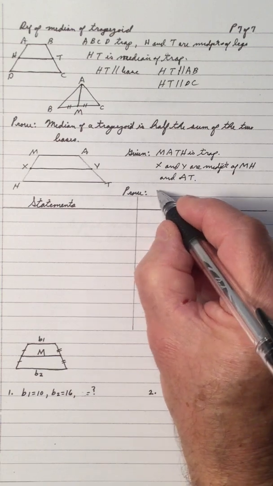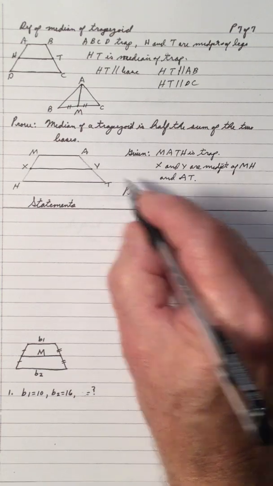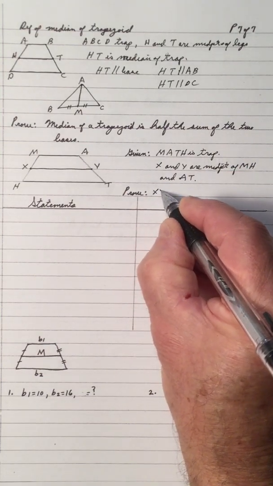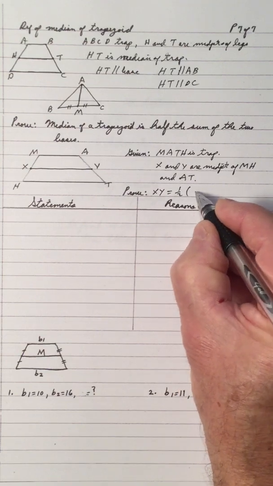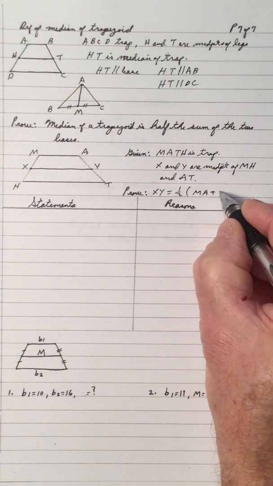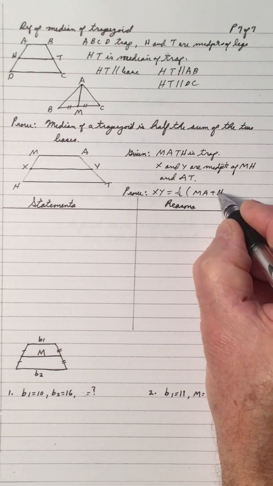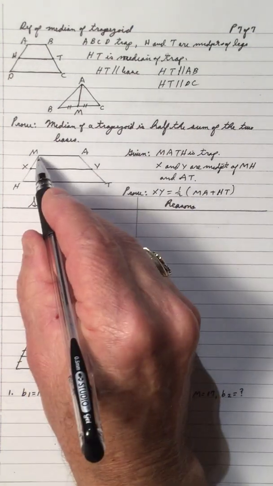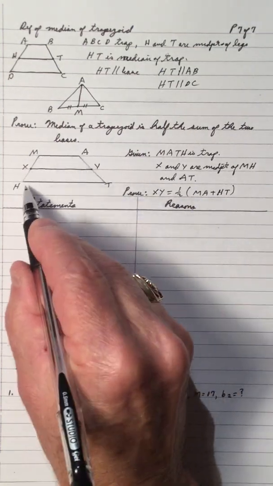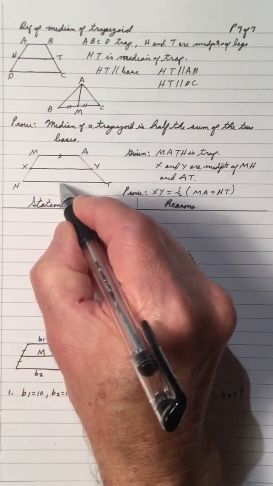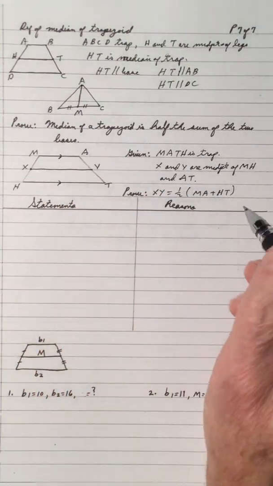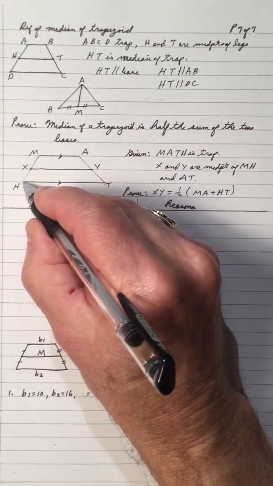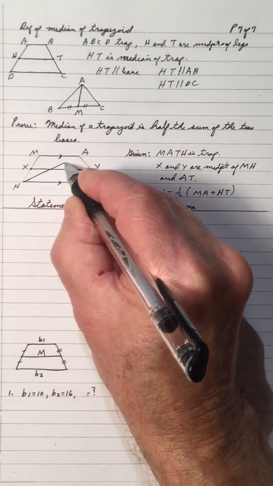And we want to show that the median is half the sum of the bases. So we want to show that the median, which is X, Y, is half the sum of MA plus HT. Because there's the median, X, Y, and the bases are MA and HT, because the bases are the parallel sides of the trapezoid. So to do this proof, we need to draw this diagonal.